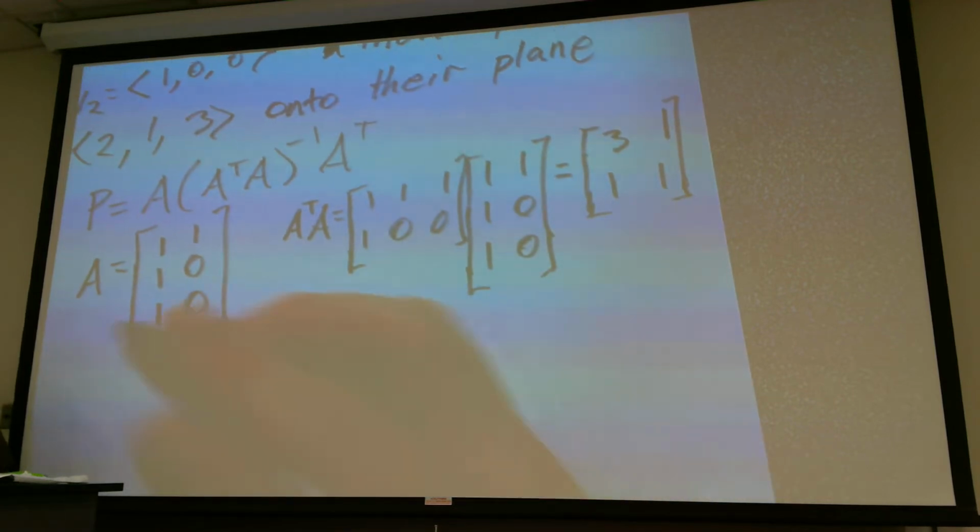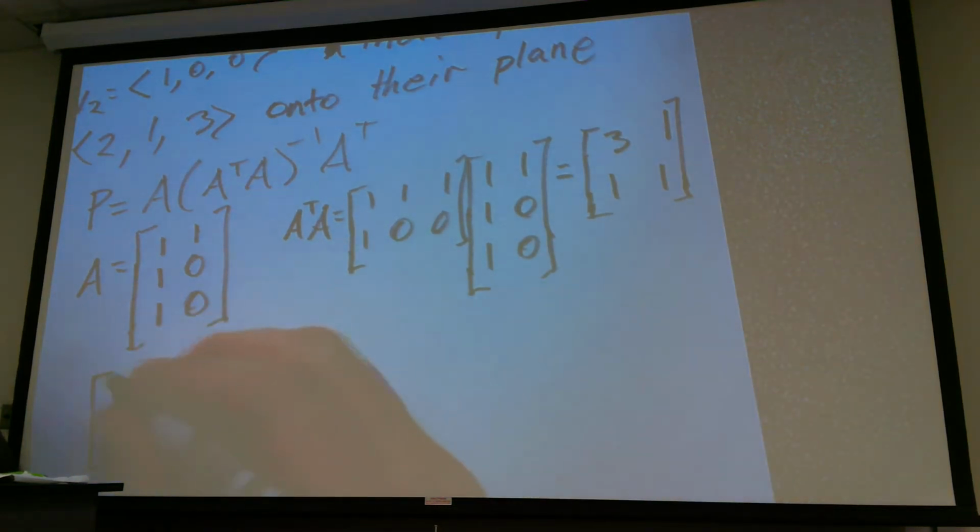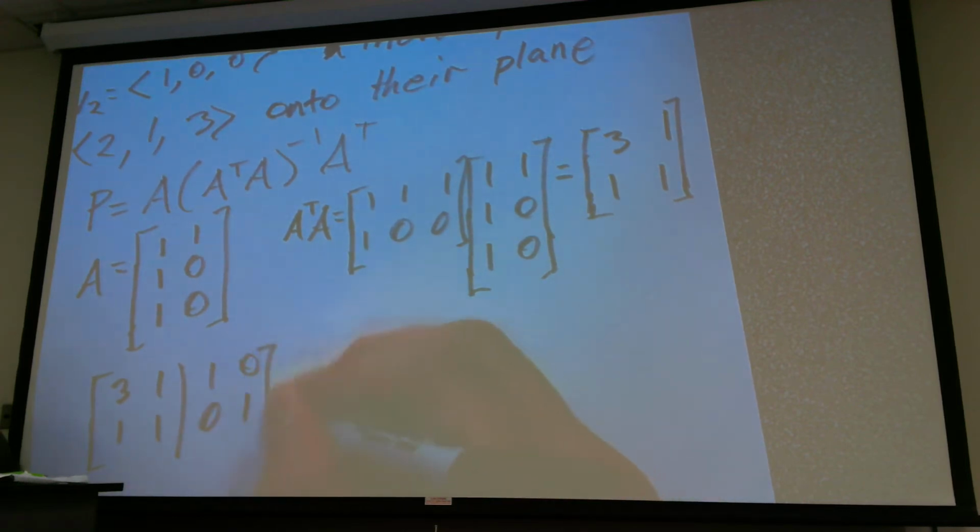All right. So we take A transpose A and augment it with the identity matrix. Right? So the first thing I'm going to have to do is multiply by negative 1/3 and add.